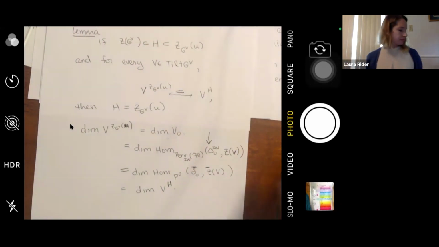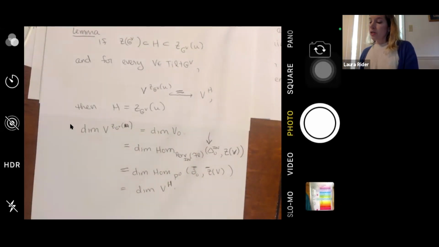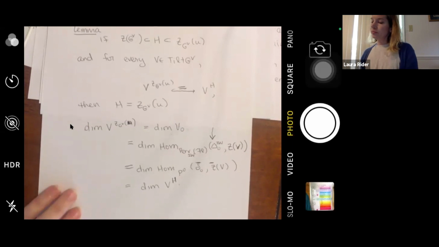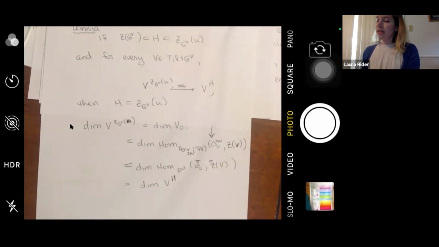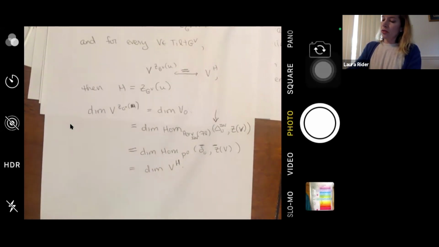All right, good. So that's the proof of the theorem, the first step. So this is what's been done so far.